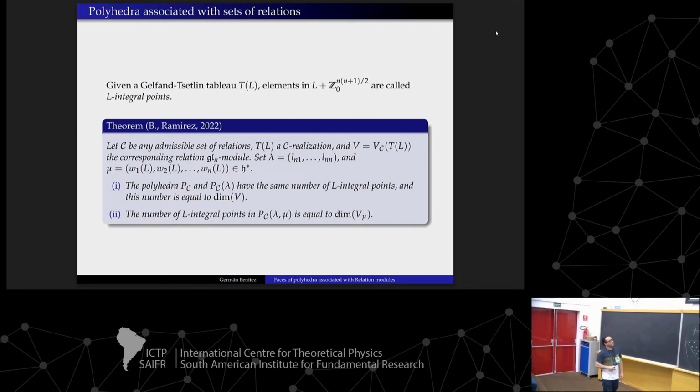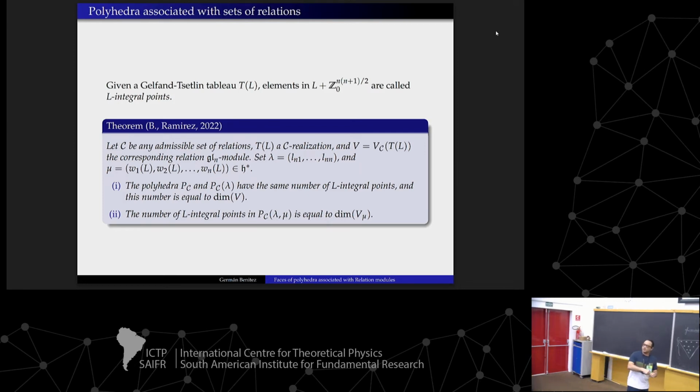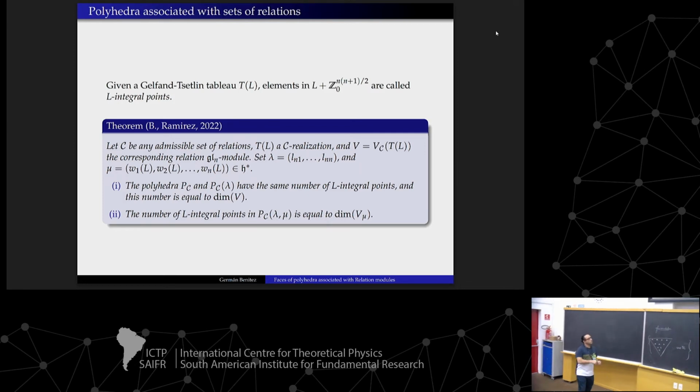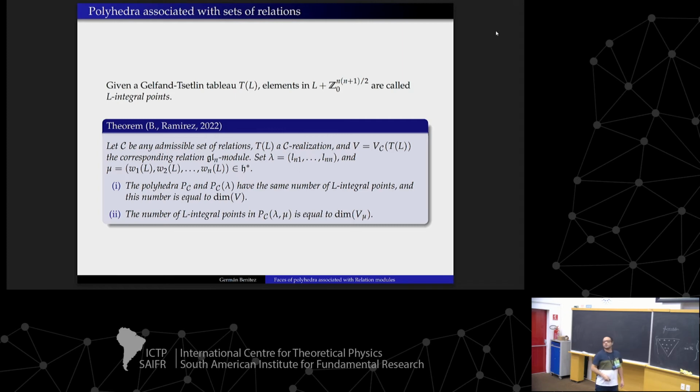As a first theorem, we give a relation between the number of L-integral points inside of the polyhedron, the dimension of the relation module, and the multiplicity of the weight space.